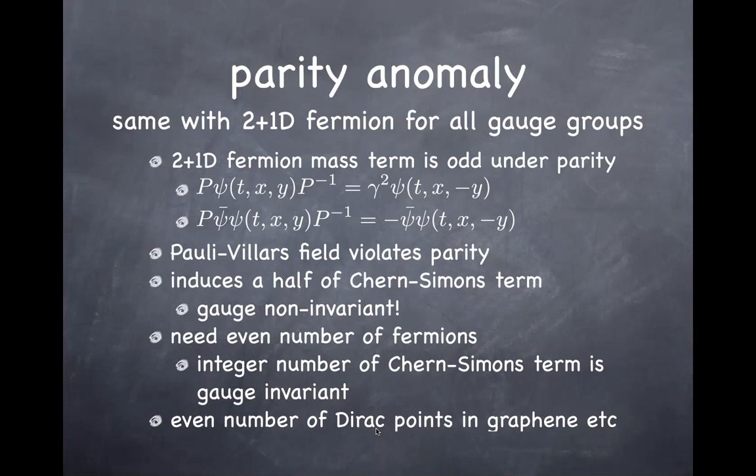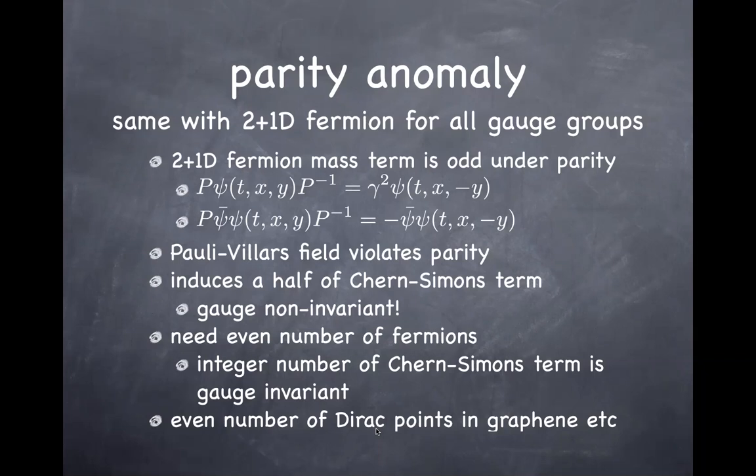So relativistic Dirac fermion becomes a good description around those special points in momentum space, even though you're looking at non-relativistic condensed matter systems. So that's why relativistic quantum field theory is useful in describing condensed matter systems, and the impact of anomaly appears in exactly the same way in relativistic quantum field theory versus condensed matter systems.